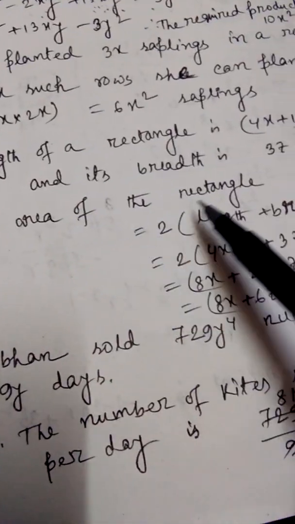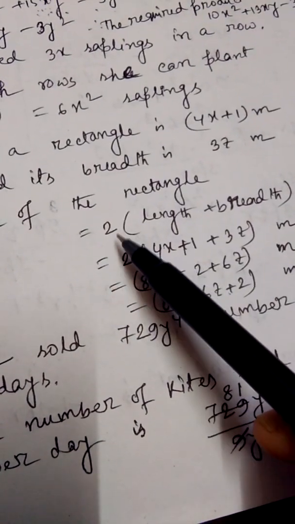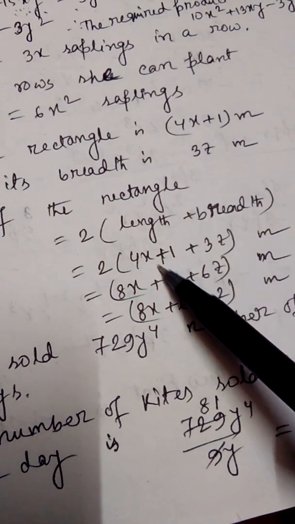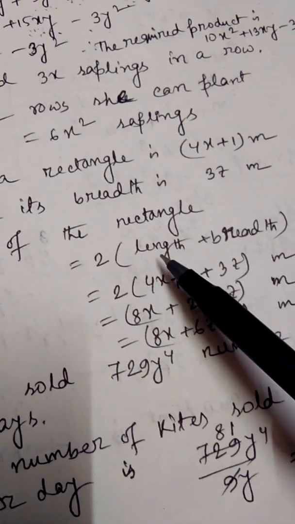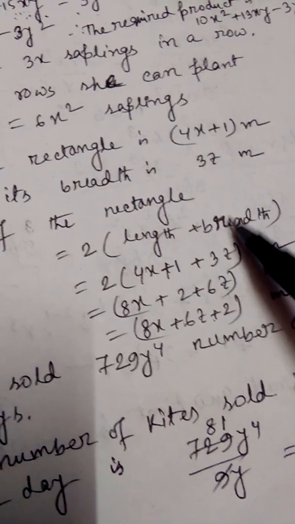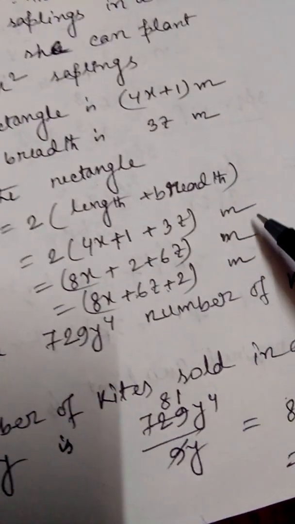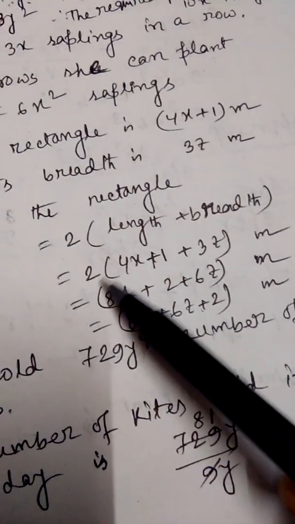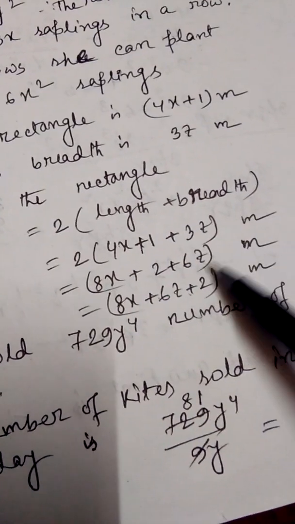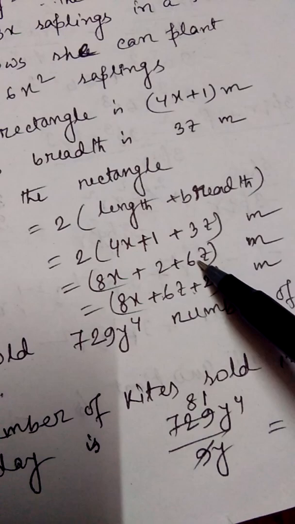Therefore, the area of the rectangle is equal to 2 into (4x plus 1, which is the length of the rectangle, plus breadth, that is 3z) meter, equal to 8x plus 2 into 1, that is 2, plus 2 into 3z equal to 6z, equal to 8x plus 6z plus 2 meter.